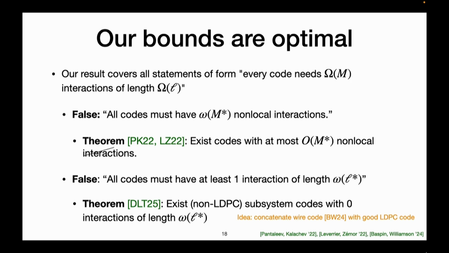It is a way of optimally getting the trade-off between locality and parameters. Good LDPC codes have the best parameters, but poor locality. So if you constrain their interaction lengths using a geometrically local code, you can get the best of both worlds. And because we have these extreme ways of saturating the bound, our whole bound ends up being optimal.